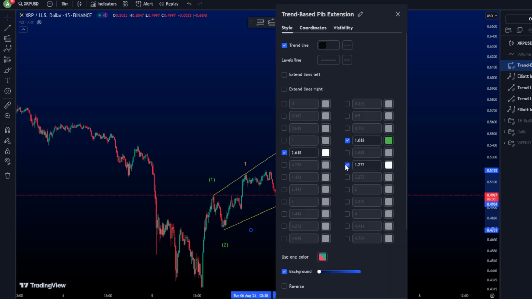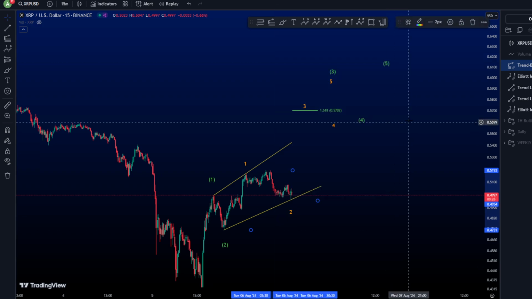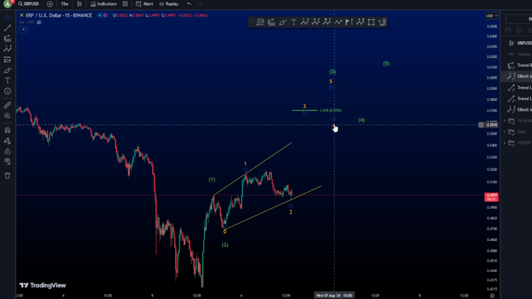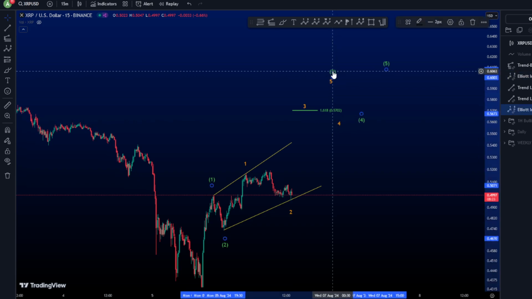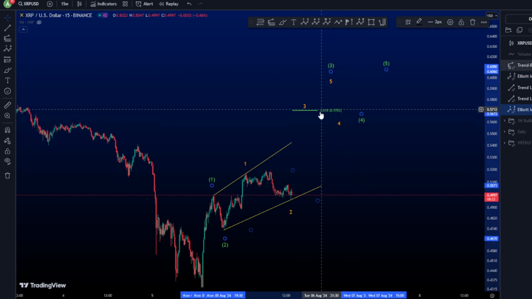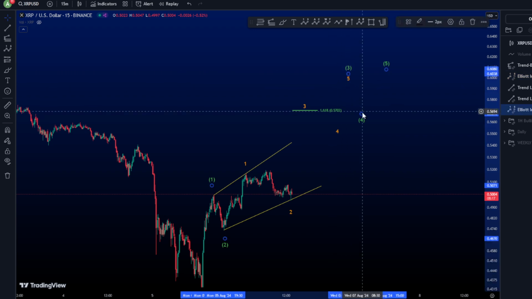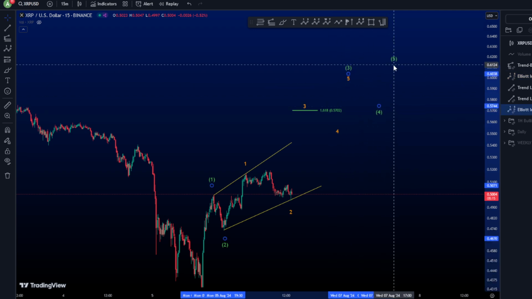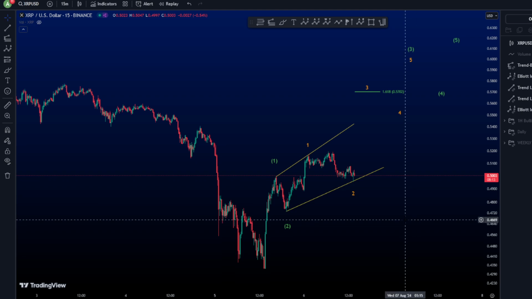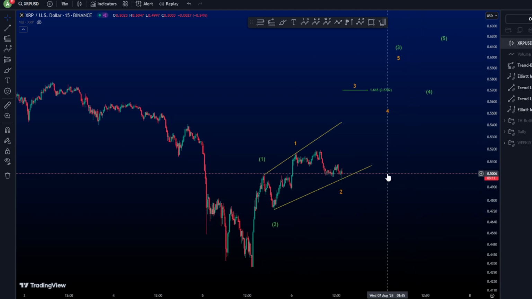After that, we are expecting a retracement, and let's make this less complicated, so let's remove the other fibs. This is the most common, and after this price we are looking for a 4 and a 5. The other fibs are to be expected later on.